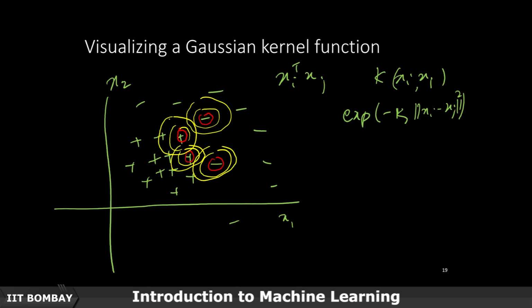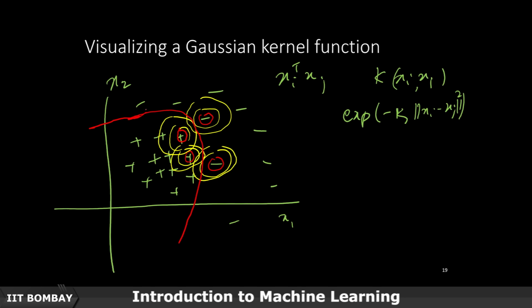Some linear combination of that, when it is equal to 0, will be the decision boundary. So your decision boundary will be something like the following, and that decision boundary is going to be linear in the phi space, but it is going to be non-linear in the x space.